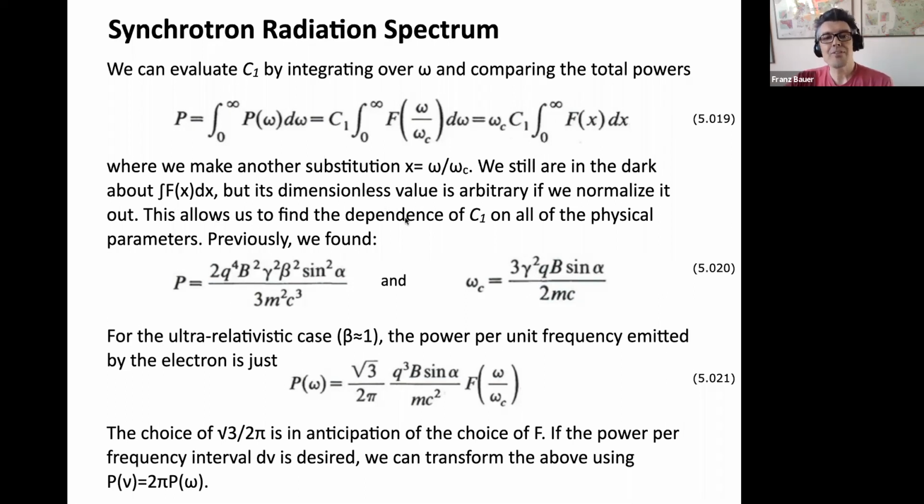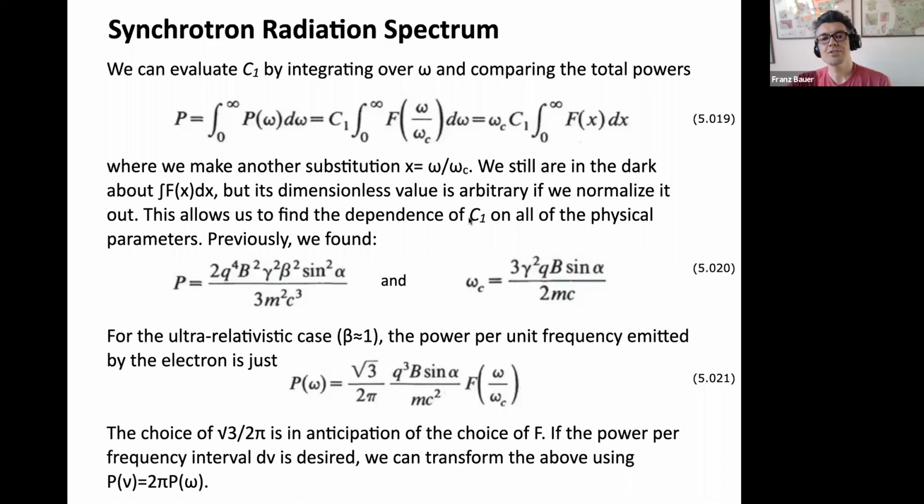And we can then figure out the dependence of C1 on all of our physical parameters. And so before we had that the power was related to this. And so what we can say here is that we know that this cutoff frequency is equal to this. And so the power is going to look something like this.